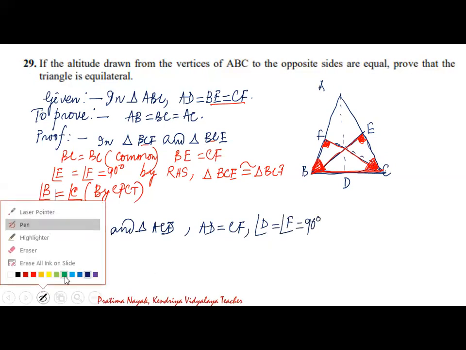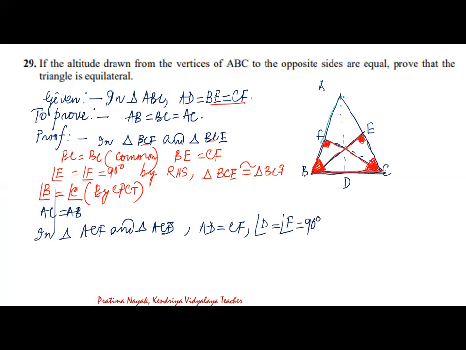Let me draw with another color, it will be clear. This is your ACF and this is your ACD. Here 90 degrees, 90 degrees, and AC is common in both, and AD is equal to CF.